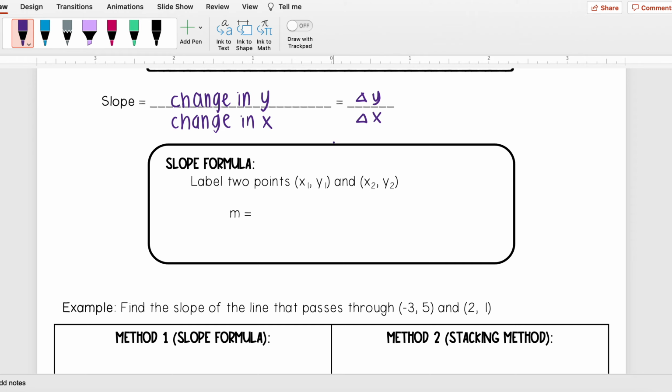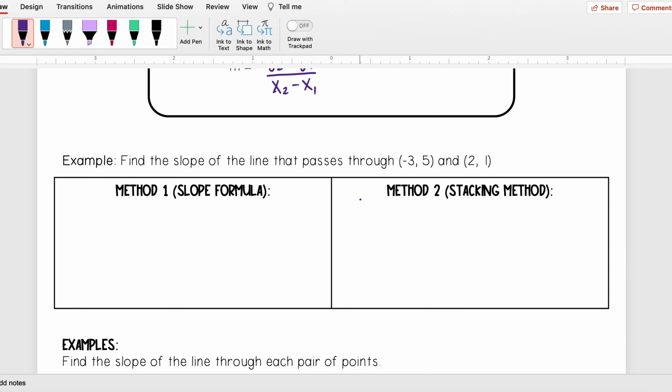And so we actually have a formula to find the slope, and to do that, you're going to label the 2 points x1, y1 and x2, y2, and your slope will be m, which just stands for slope, is equal to y2 minus y1 over x2 minus x1. So basically you're going to subtract the y's over subtract the x's.